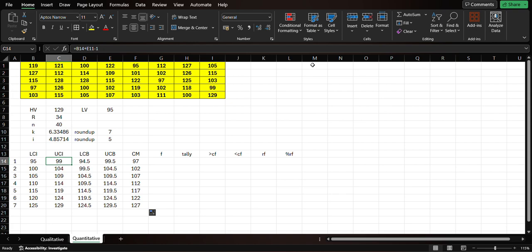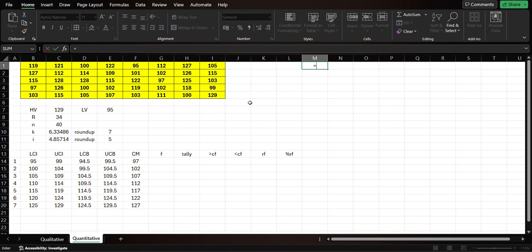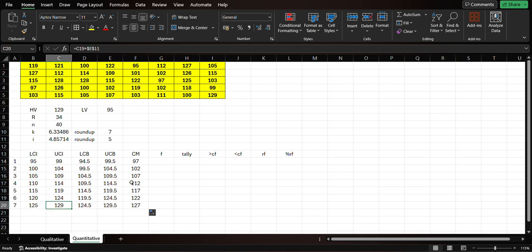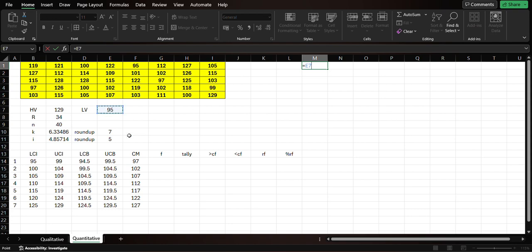All right. Next would be the frequency. Again, we're already going to count how many 95s to 99s are there. So what we're going to do here is do what we've done in the qualitative variable. So what is that?